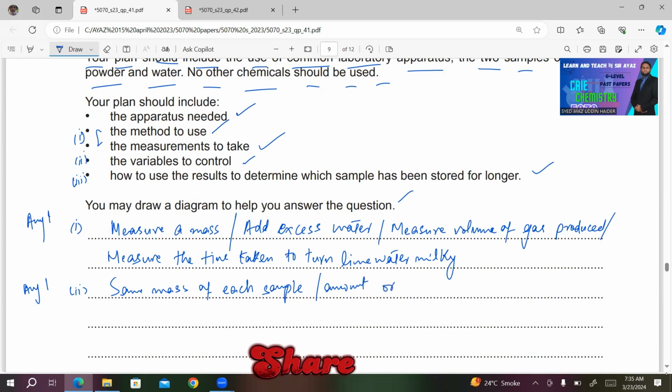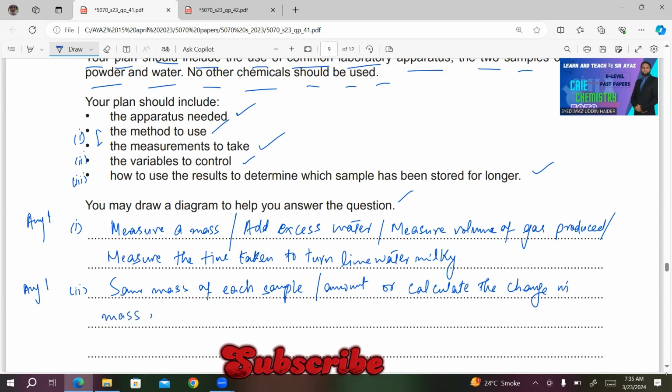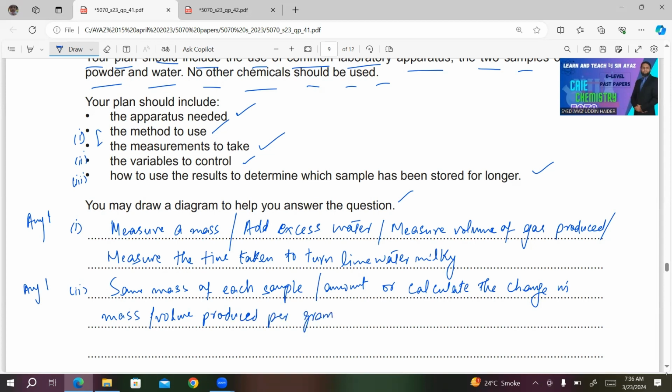Or you can calculate the change in mass, volume produced per unit, here the unit will be gram because the samples are in the solid state.